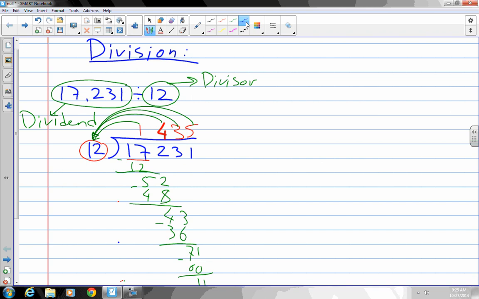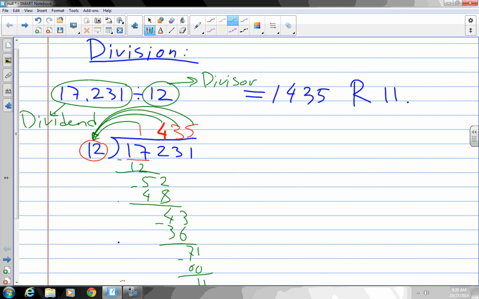17,231 divided by 12 equals 1,435, and the remainder is 11. Right? That's one way to express that answer. Whatever number we get in the end, if it's smaller than the divisor, then that's the remainder. And I'm not going to go into getting the decimals. I don't care about that. I just want to get the answer.